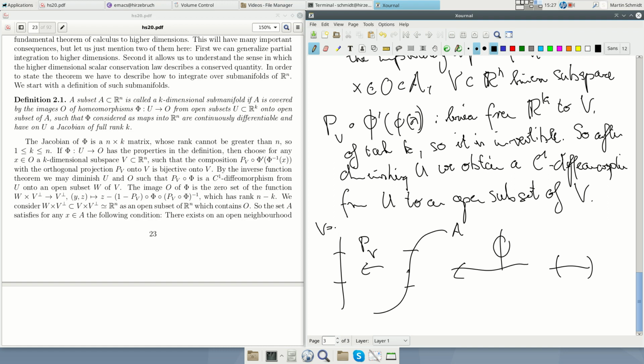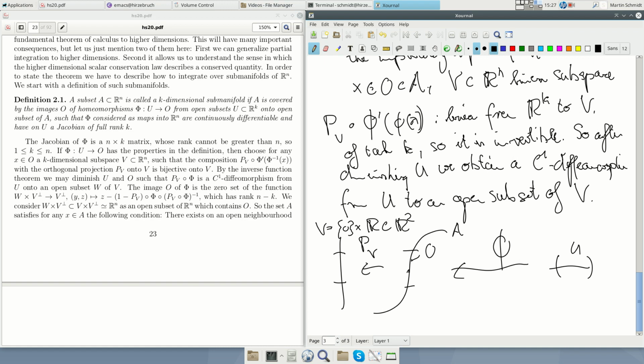V is in this situation 0 cross R sitting in R2, the second component. And then this is here U, this is open, and this here is O.